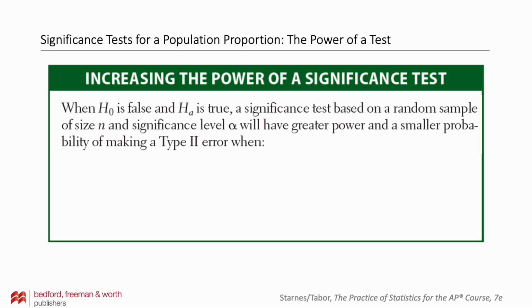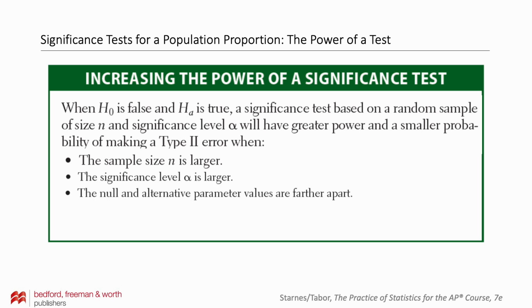All they're saying is, how do we increase the power of a significance test? Well, we can make the sample size n larger. Or we can make the significance level, alpha, larger. Or the null and alternative parameter values can be farther apart. And the last one is that the standard error of the statistic is smaller.